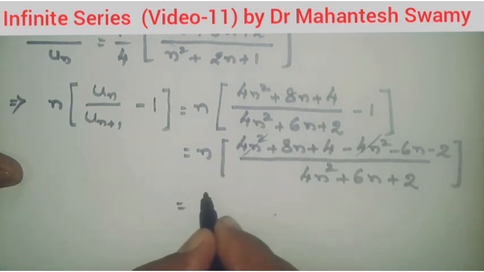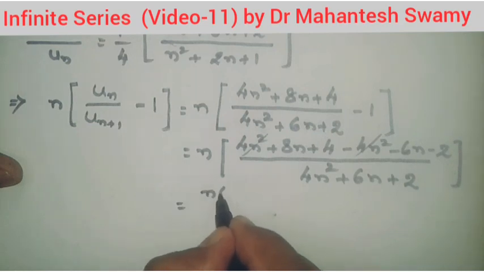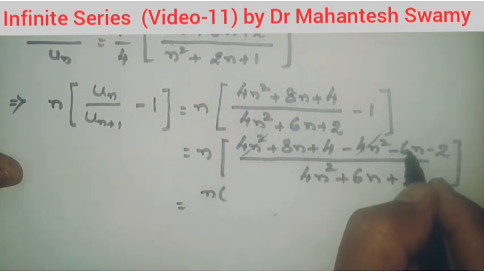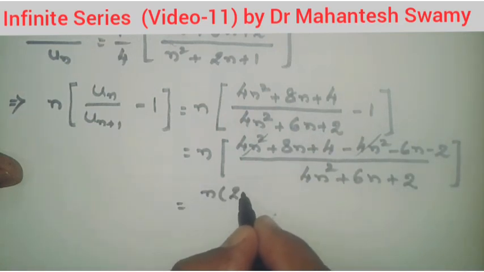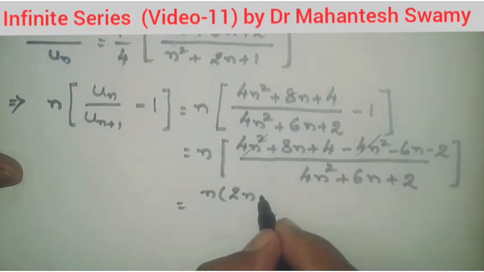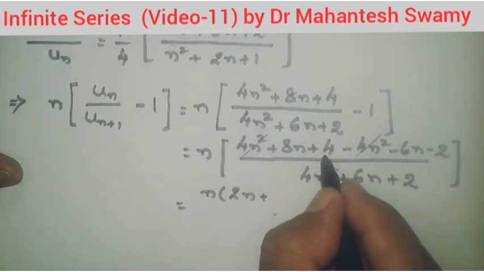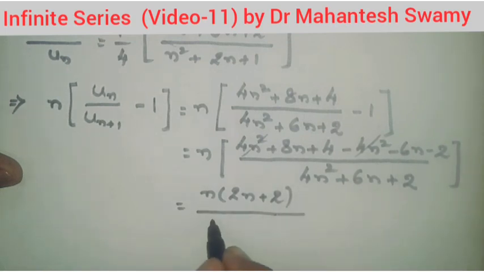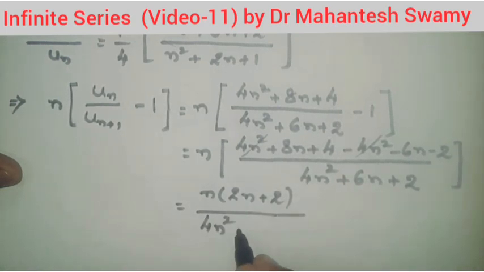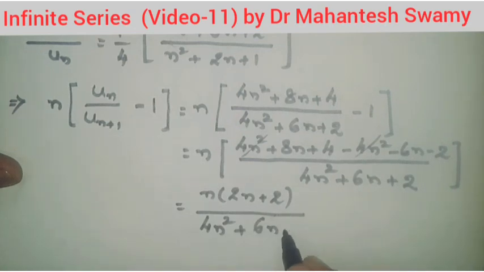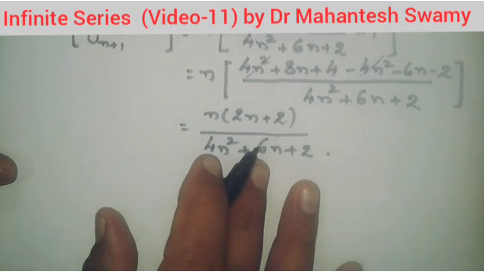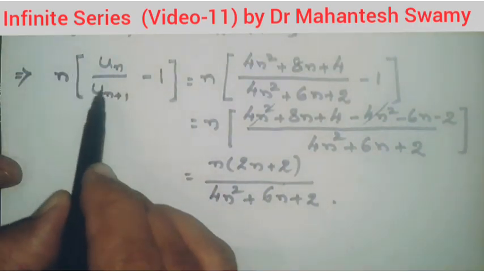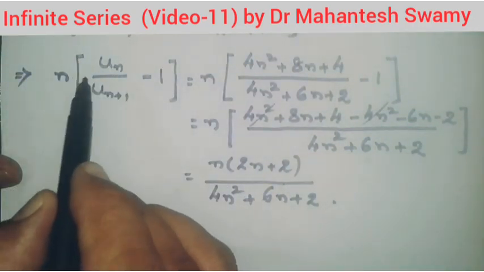So let us write n into bracket: 8 minus 6 is 2n, 4 minus 2 is plus 2, divided by 4n square plus 6n plus 2 as it is here. Now as per the advice, we have to take the limit onto this as n tending towards infinity.